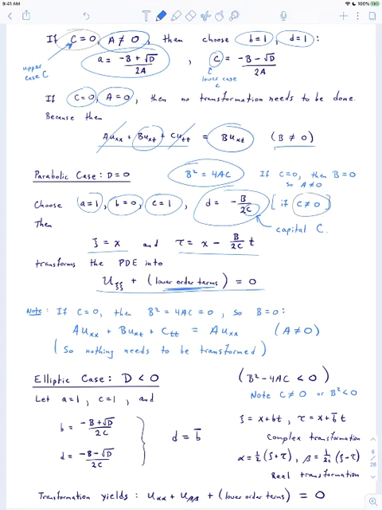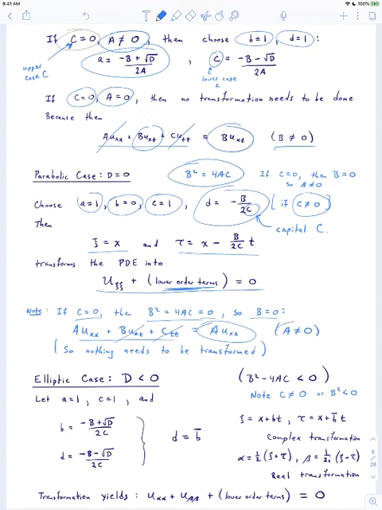Now if capital C was equal to 0, then we know that b squared is equal to 4ac, but c is equal to 0, so that means that b is also equal to 0. So if capital C is equal to 0, then capital B is also equal to 0. And then in our principal part here, we just have that B is equal to 0 and C is equal to 0, and you just end up with the partial of u with respect to x twice.